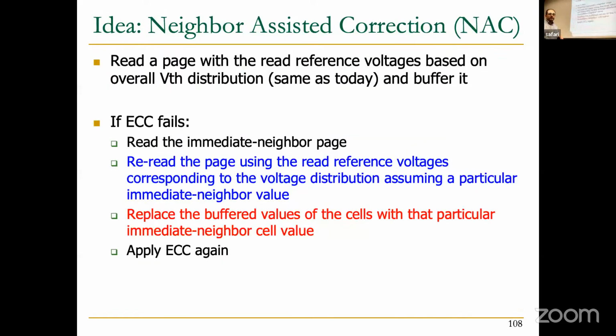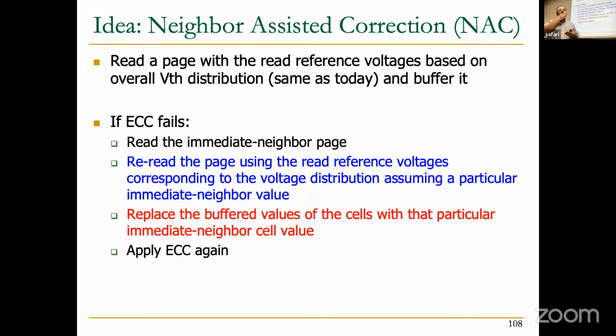Essentially, you have a flow for this technique. If ECC fails, you need to read the immediate neighbor page. So you read a page, which you can consider as a victim page, and when you apply ECC you realize that ECC fails, right?